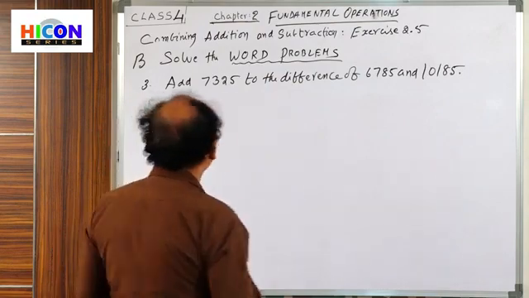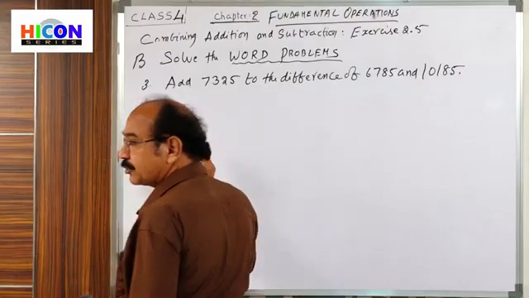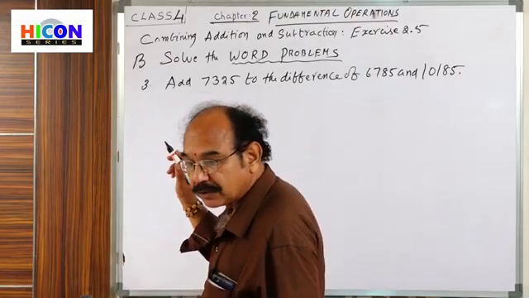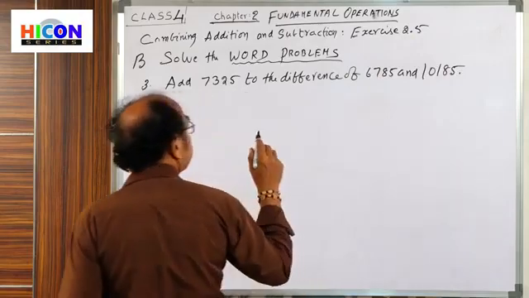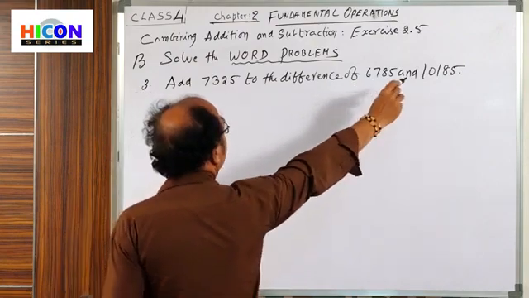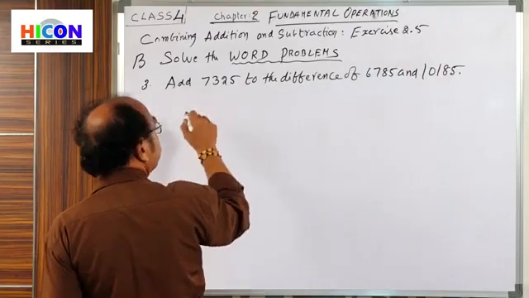Okay, children. So we write the question in the symbolic form. First of all, we are going to see the difference of those two numbers, and after that we add this.